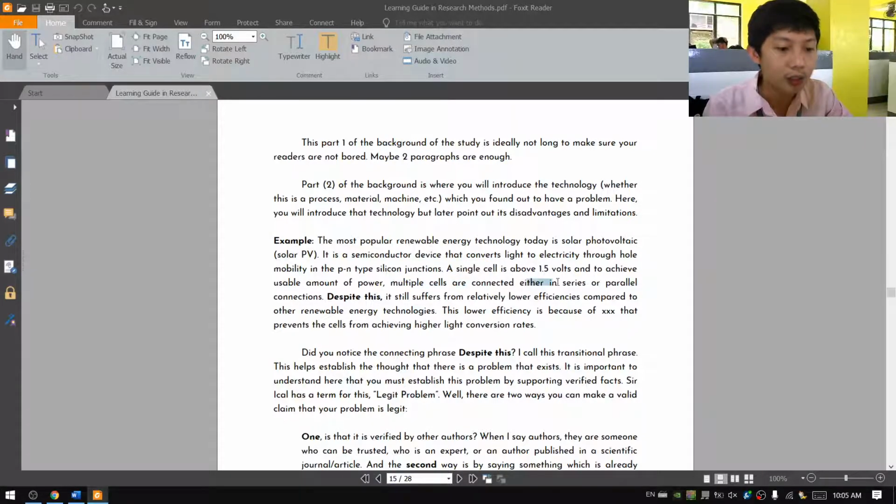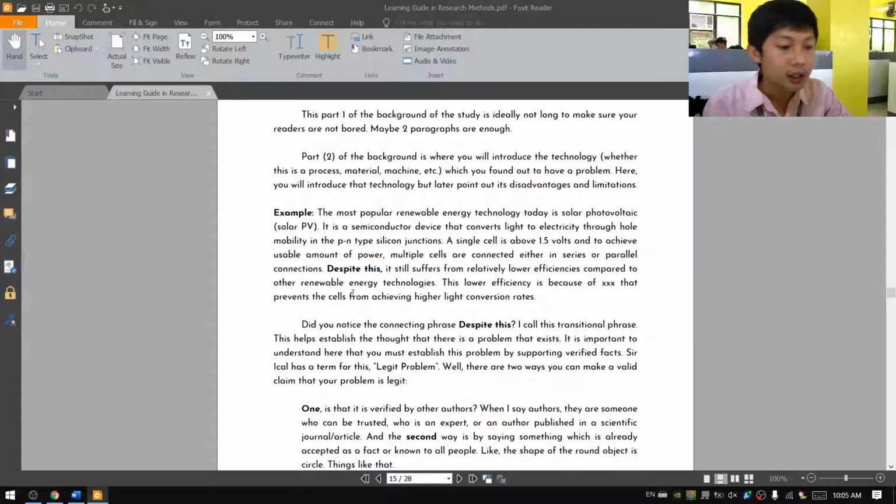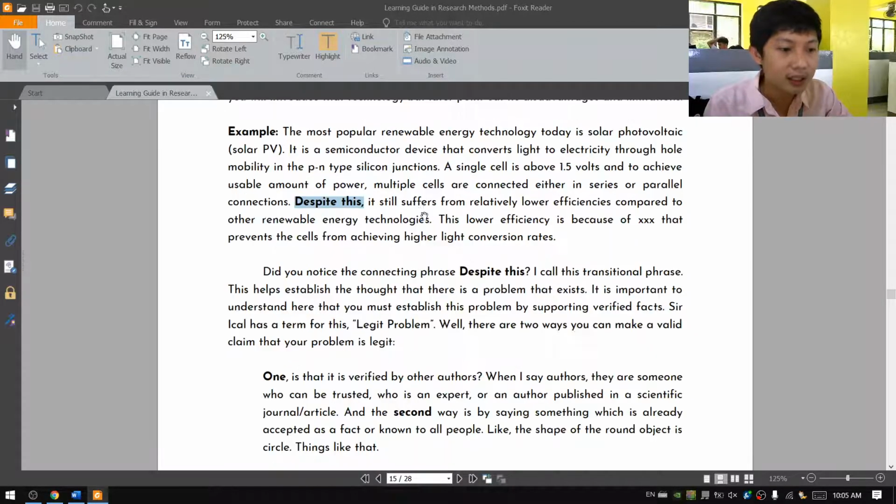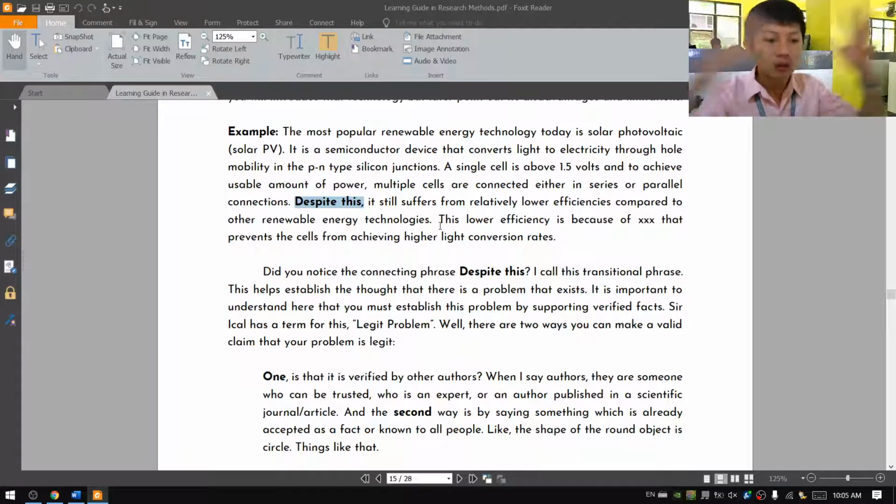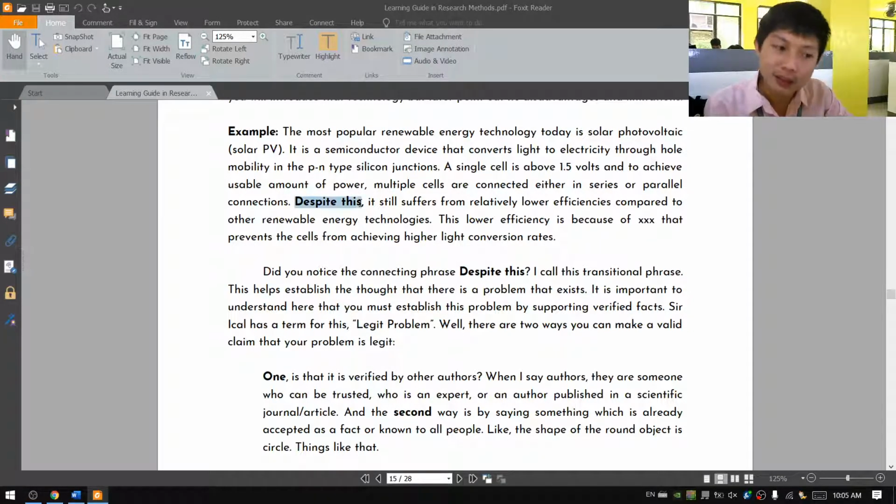This can either be parallel or series. However, despite this, even if you already connected multiple cells to make it huge, it still suffers from relatively low efficiencies compared to other renewable energy technologies.